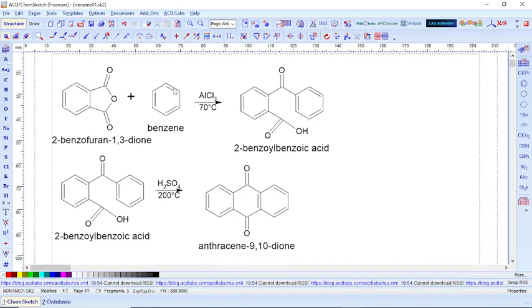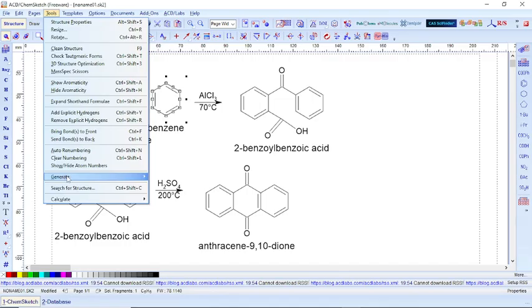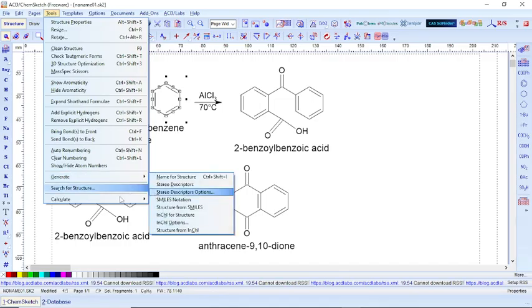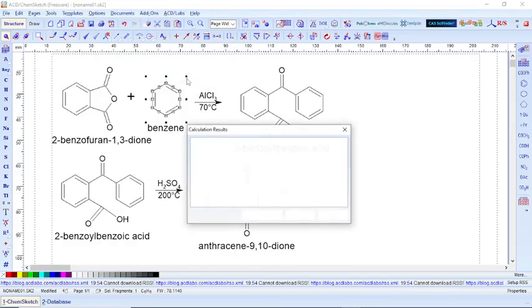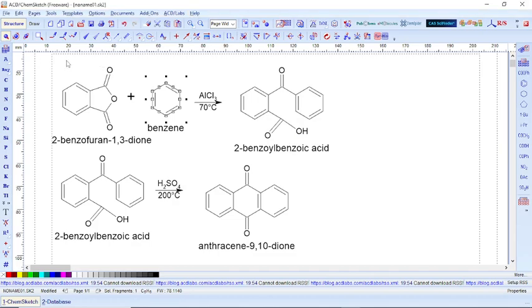You can Google it, or you click on benzene, you come to generate calculate properties. So we can just pick the density of benzene from here. The density of benzene is 0.873.